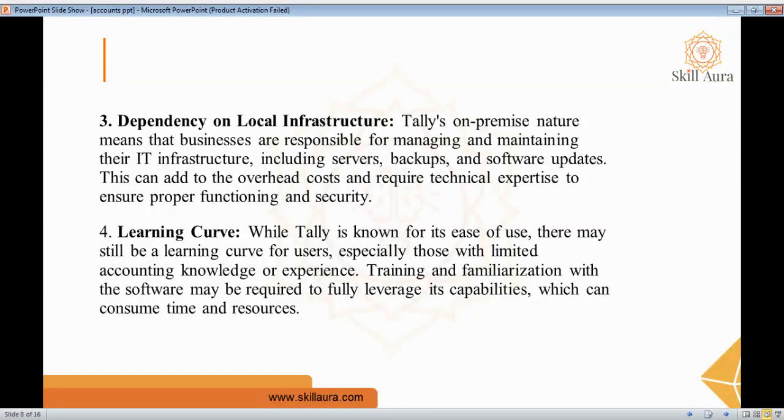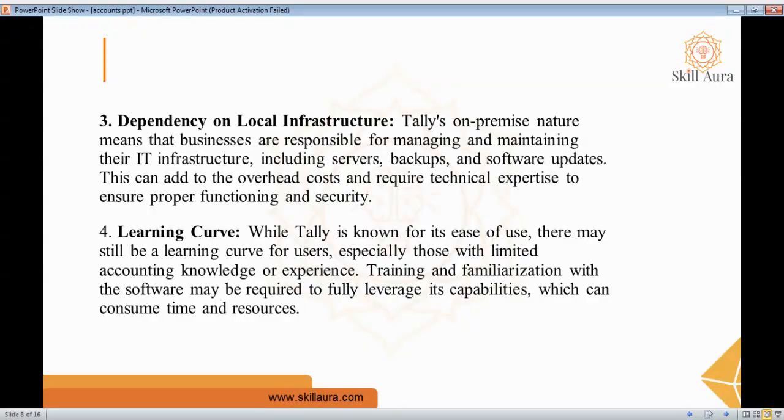The next disadvantage is learning curve. What do you mean by this learning curve? Tally has a steep learning curve, especially for those without accounting knowledge, which can make it difficult to implement and use efficiently.